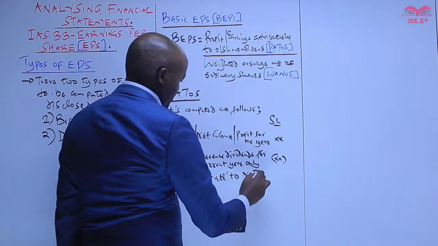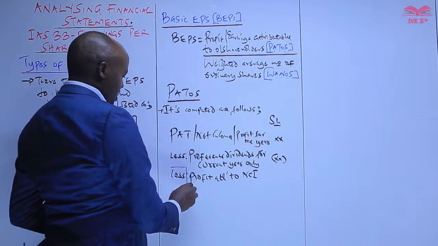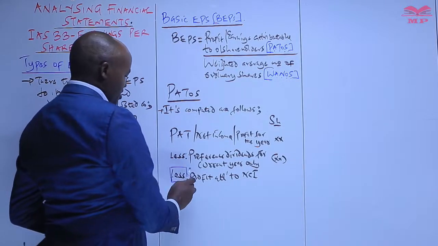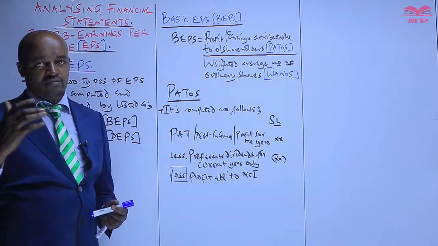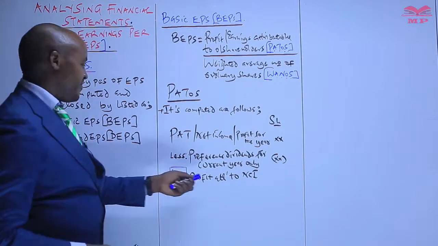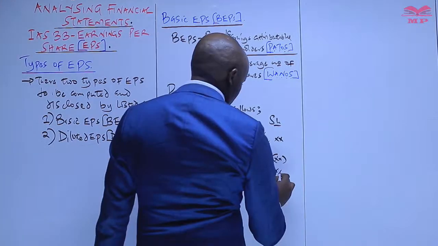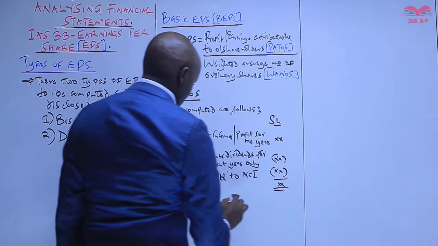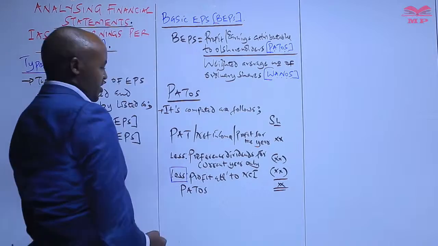But remember, I've said that this will only apply where we are computing the earnings per share for a group of companies. So if you're computing the earnings per share for a single company, definitely you will not have that profit attributable to non-controlling interest. And then what we have down here is the profit attributable to ordinary shareholders.